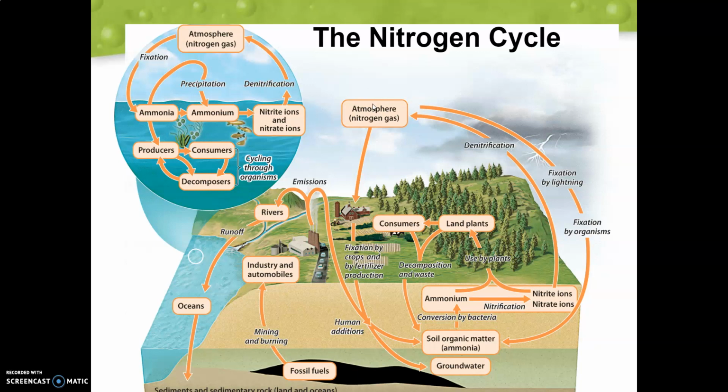So that's how this cycle works. I know it's a lot of vocab with the nitrites, nitrates, ammonia, ammonium. This is a large scale picture, and I just wanted to show you that, and then we'll go to the next slide that'll have it in a much simpler context.